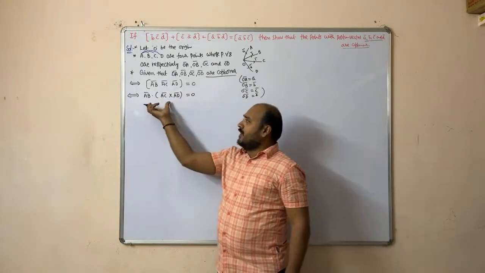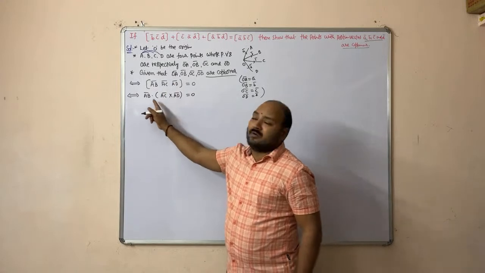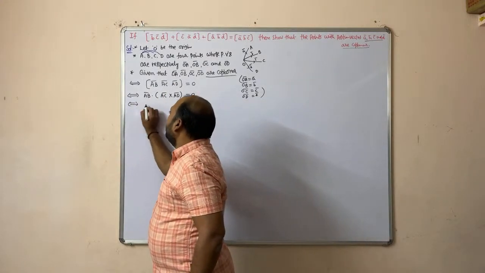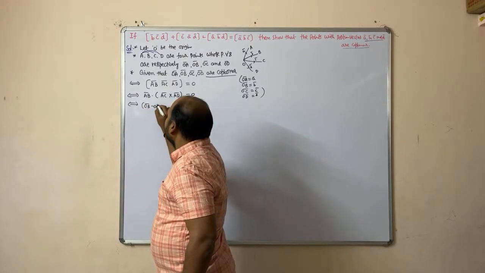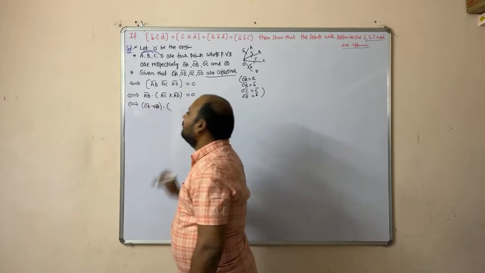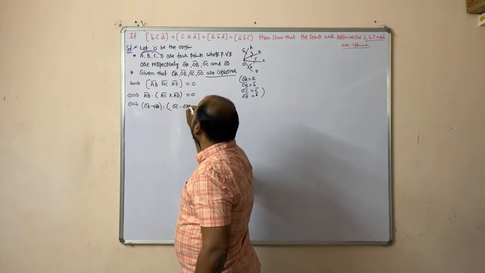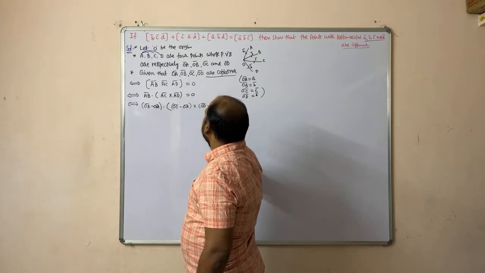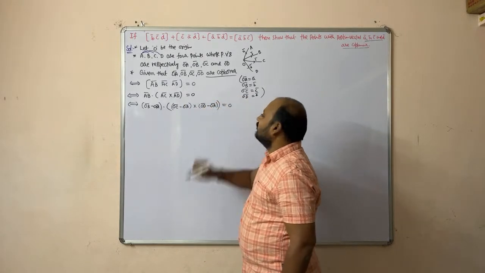The combination of these vectors is the vector triple product. So AB bar means OB bar minus OA bar, dot AC bar means OC bar minus OA bar, cross AD bar means OD bar minus OA bar, is equal to 0.